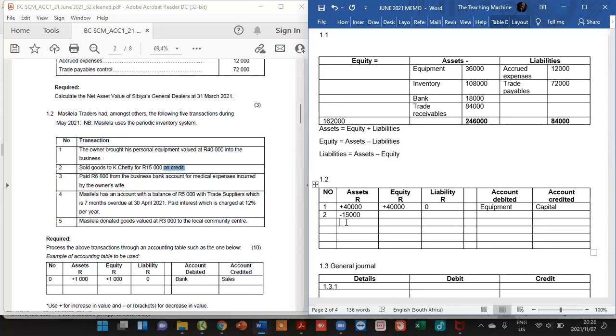So they don't just sell goods for fun on credit. They're expecting that you will pay in future. Therefore, trade receivables increases with 15,000 rand. Any effect on the equity?